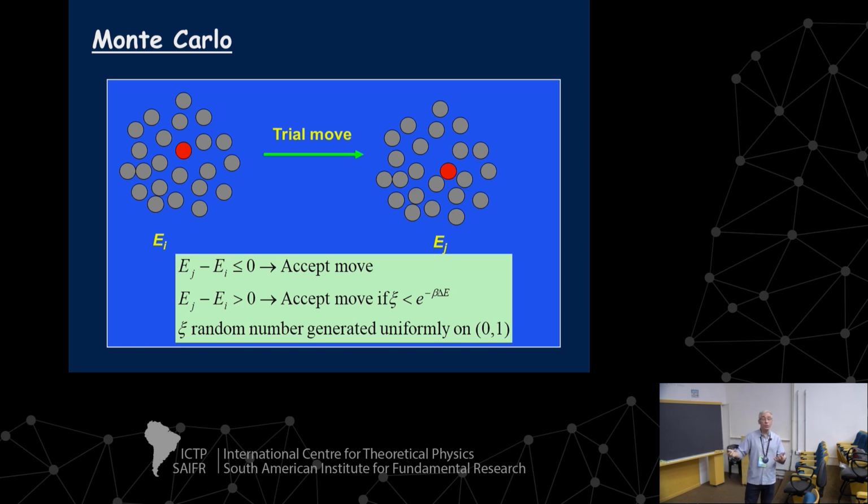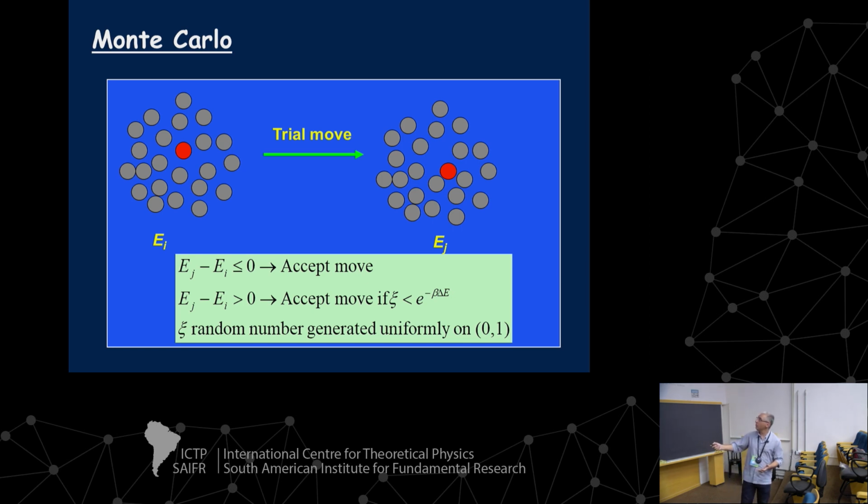But the idea in Monte Carlo is that you have a configuration, you try a trial movement, and using an acceptance criterion like minimizing energy and putting the entropy here, you decide whether you're going to accept the new configuration or not. So if you remove this Boltzmann weight, essentially you have a minimization criterion.